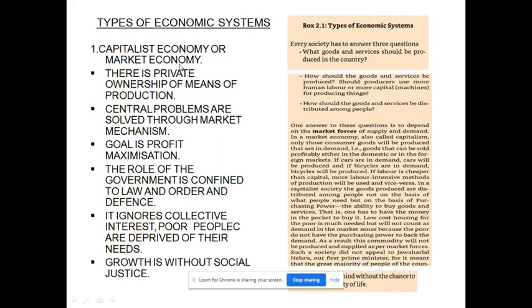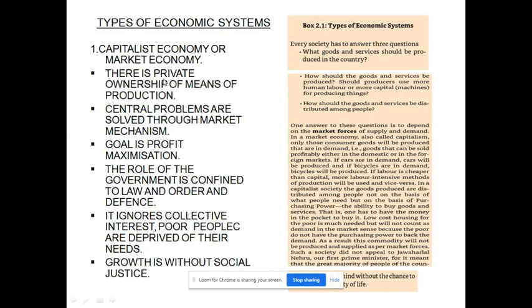The very first type of economic system is capitalist economy or market economy. Let me mention here that there are three types of economic system, in which we are starting with the first one, which is capitalist economy. The features of a capitalist or market economy is that there is private ownership of means of production.